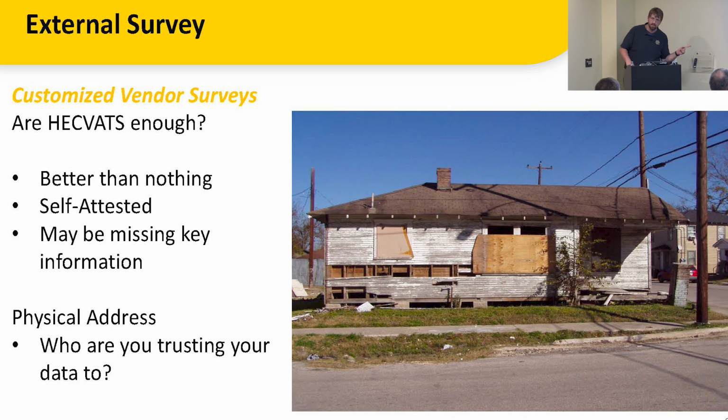The second step is we send our vendors a survey. A lot of them will say, well, we have a HECVAT, here it is. We say, okay, for us, that's great. I'd rather have a HECVAT than nothing at all. But if it's just a HECVAT, usually we're not going to move forward. We'll send them our own survey. If they don't want to answer it, that's fine.